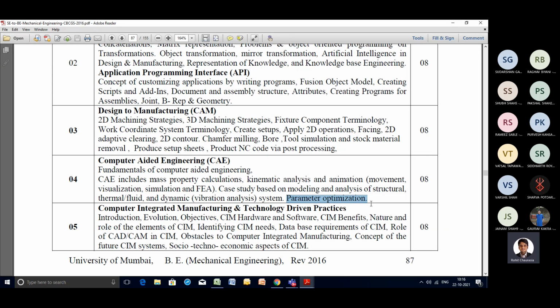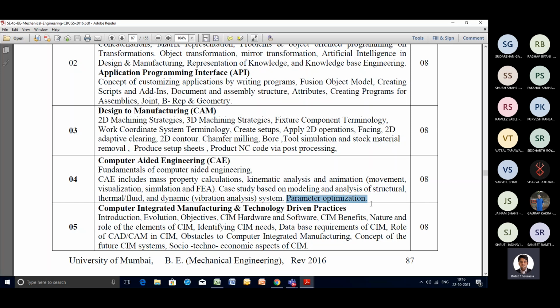The first part is that you select any case study, and find the important bullet points from that case study: what types of problems they are facing after implementation of this modeling and CAE, what types of benefit they are getting, and what efficiency and other parameters have improved or decreased. And after completion of the case study, you need to go with the parametric optimization.